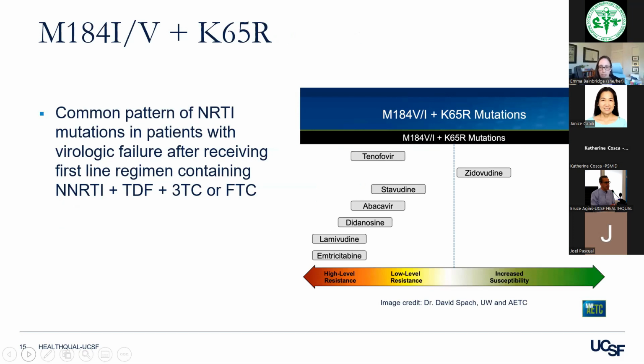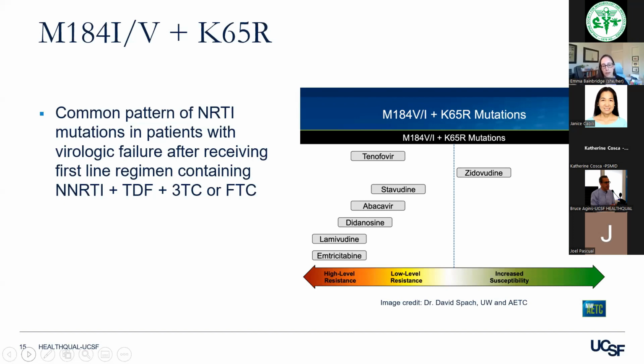On this figure on the right-hand side, in the middle is sort of wild type HIV, and normally all of the NRTIs would be in the middle. They would all be susceptible. And then when you have these mutations, a lot of the NRTIs, we develop resistance to the NRTI.